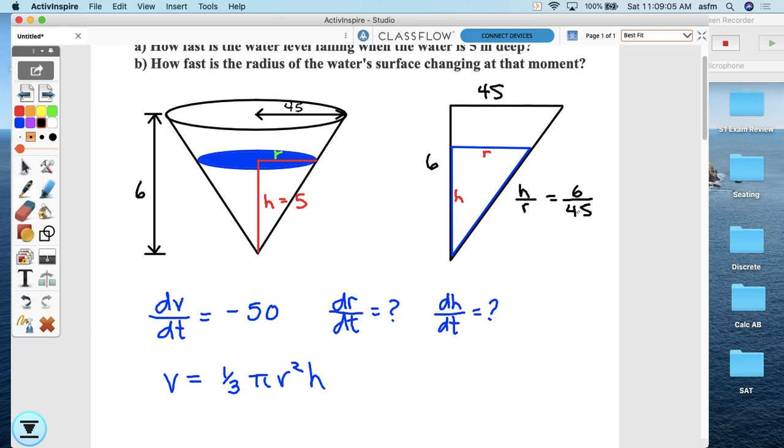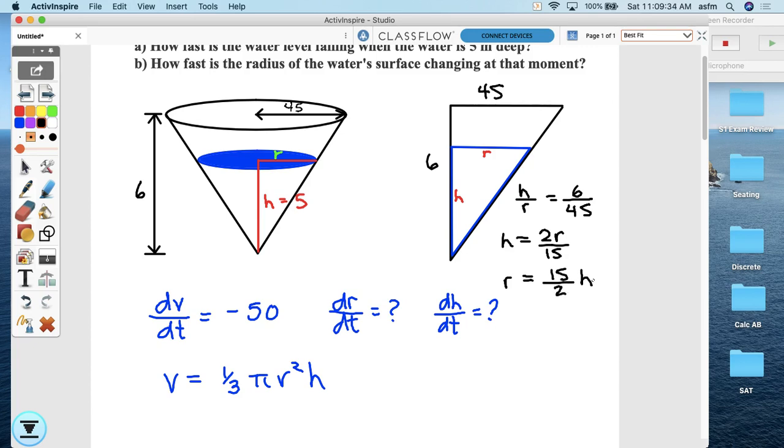And so now I get H equals 6 over 45 R. 6 over 45 is the same as 2 over 15. So this is going to be 2R over 15. And that's the connection between height and radius. I could write it the other way just as well and say R equals 15 over 2 times H.